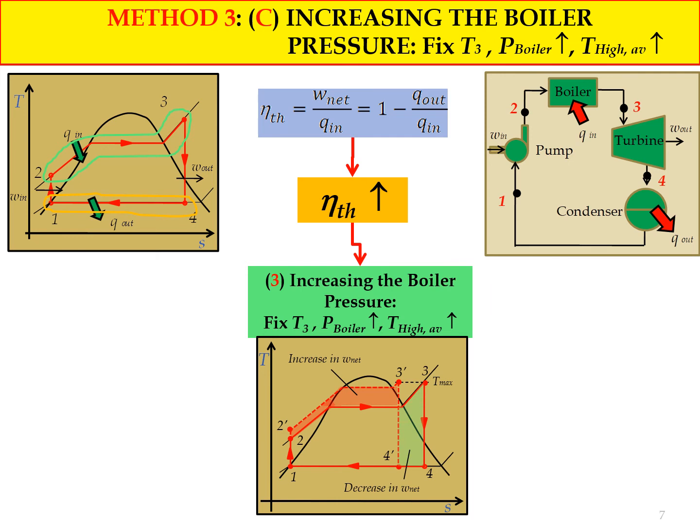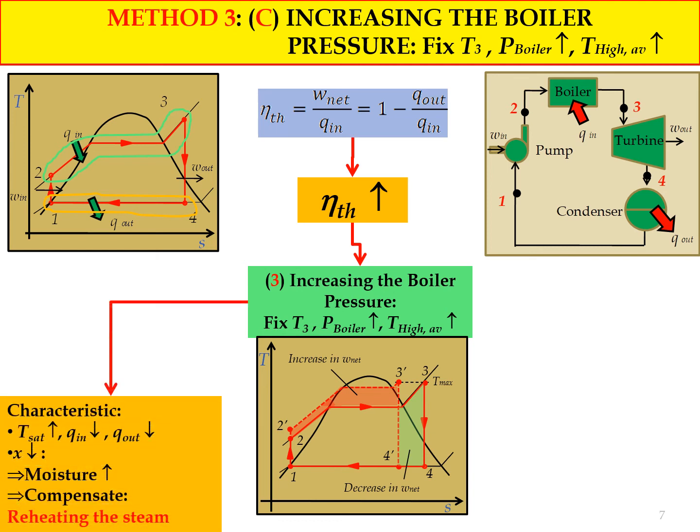However, we also have a decrease in the work net at the area which I shaded in the green color. So the characteristic of this method is the saturated temperature at the process 2 to 3 will be a higher average temperature, and the Q in will be decreased since the process 2 prime to 3 prime is a bit shorter compared to 2 to 3, and the Q out also will decrease.